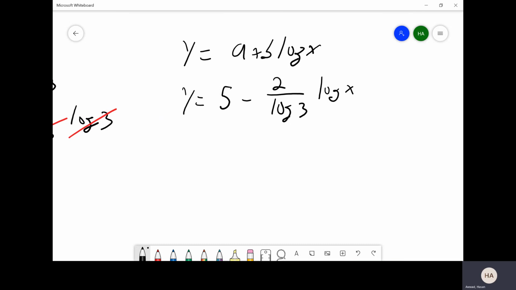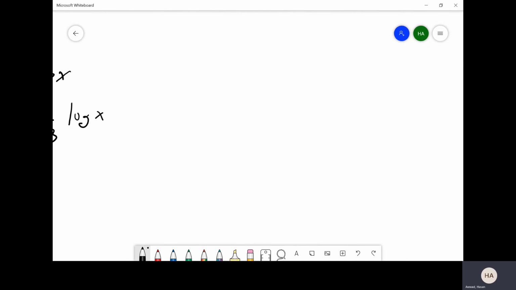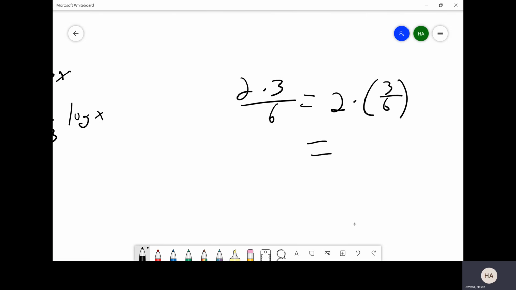Okay, what I'm going to do here is move the log of x over the fraction, right? We know this is true. When we're talking about fractions and multiplication, if we have 2 times 3 over 6, this is the same thing as 2 times 3 over 6, and also the same thing as 3 times 2 over 6, right?